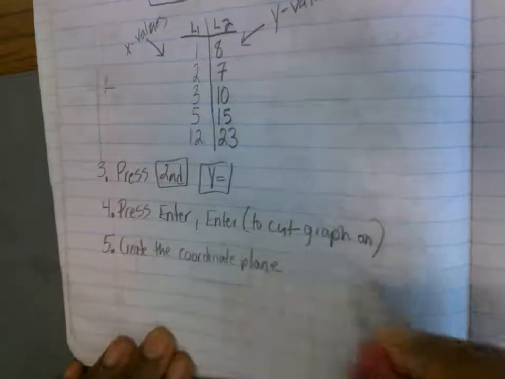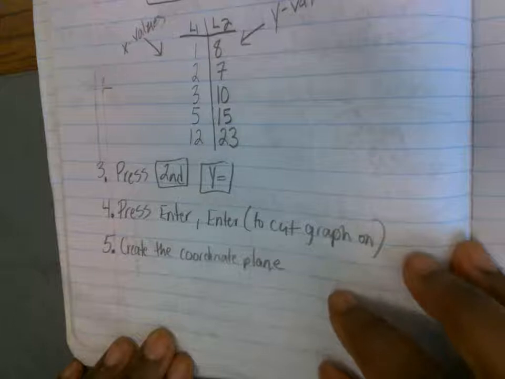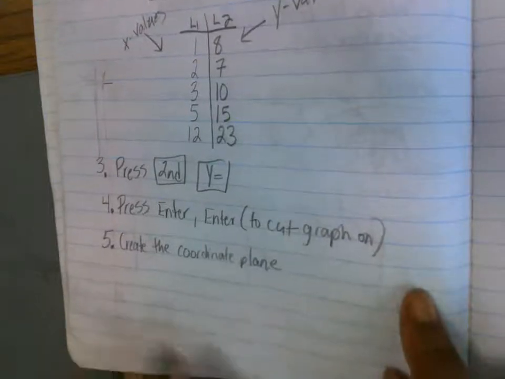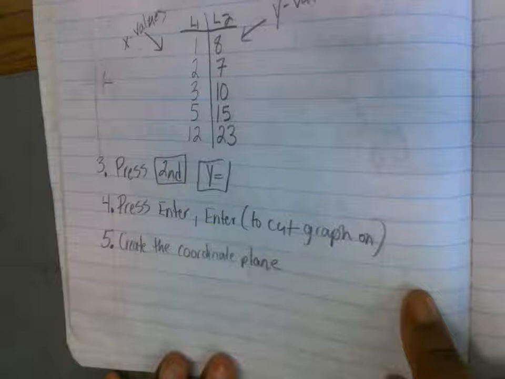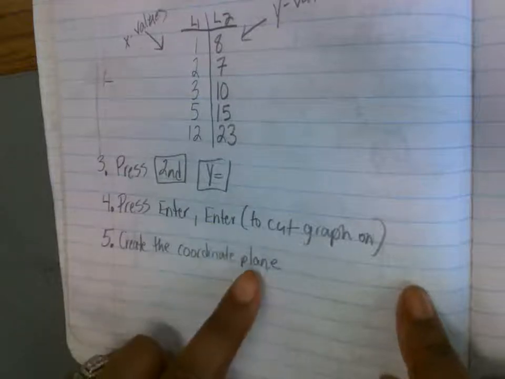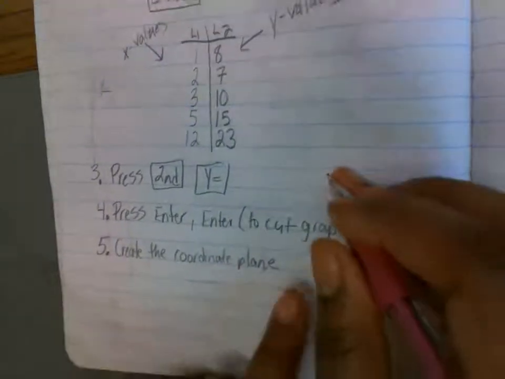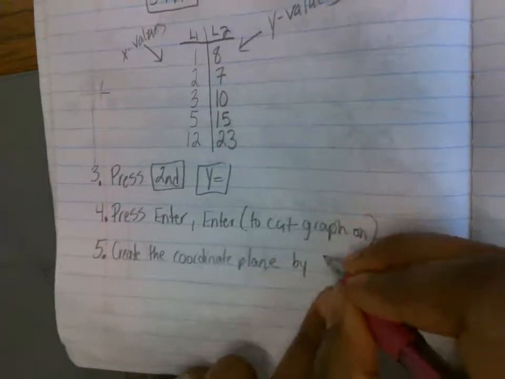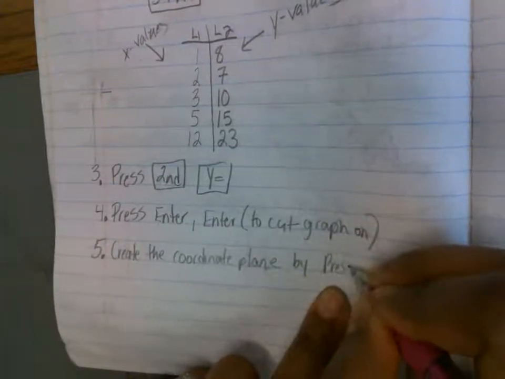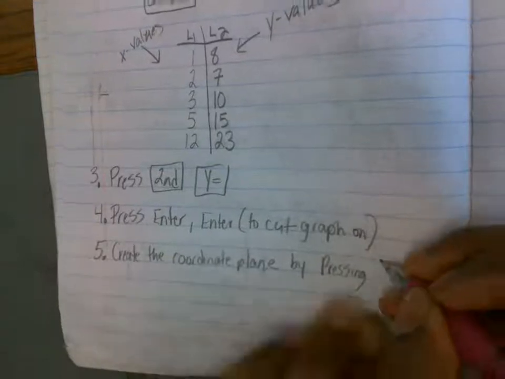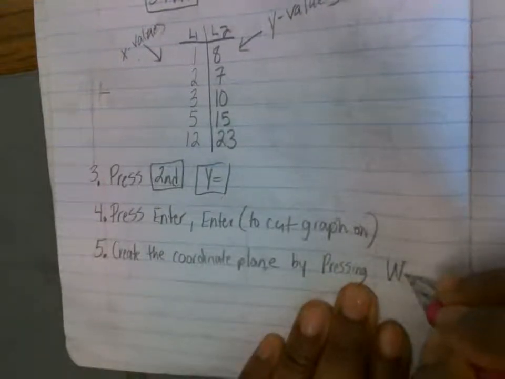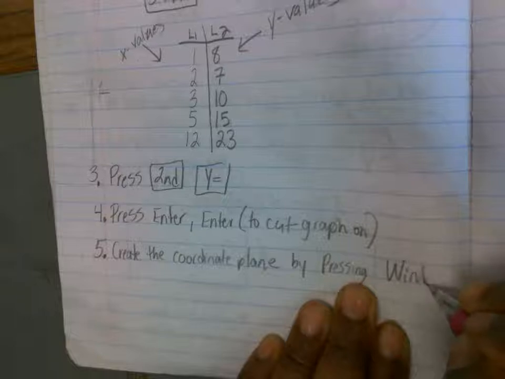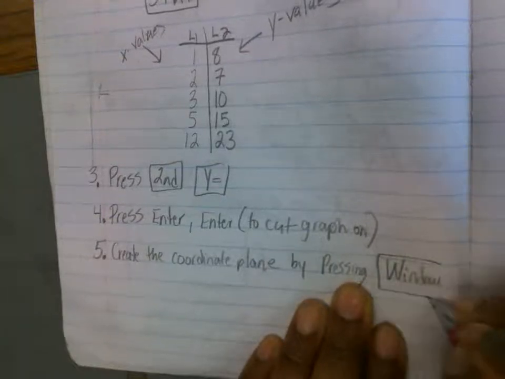This is the fifth step, okay? In order to create the coordinate plane, you're going to press window. Create the coordinate plane by pressing the window button. Put it in a box.